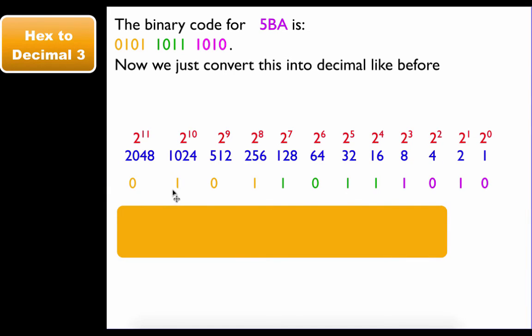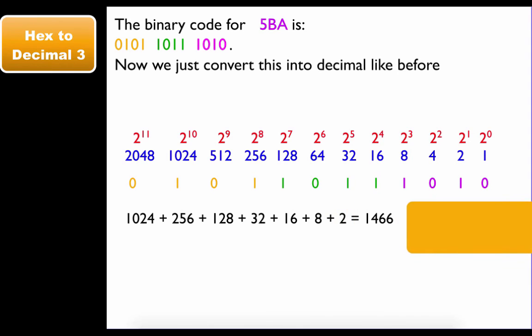So we have 0101 1011 1010. And that's 1024, add 256, add 128, add 32, add 16, add 8, and add 2.